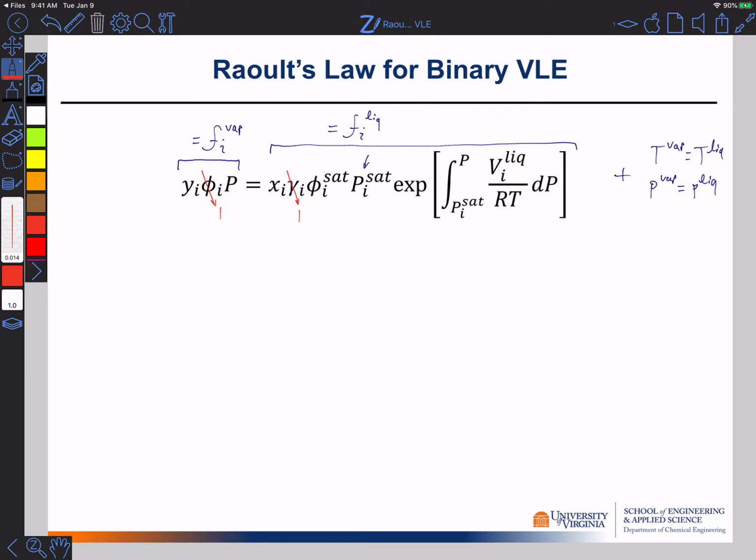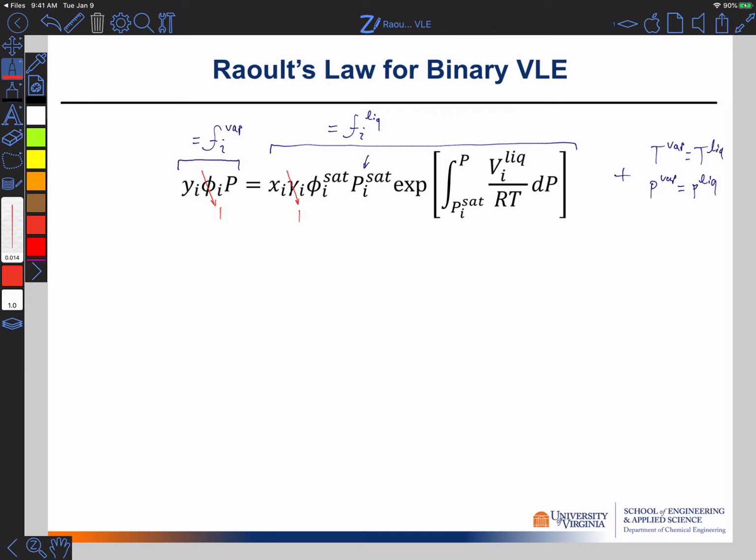This phi i sat term, we need to think about where this comes from. If you go back to the other discussion of how we got to this expression, you'll see that this phi i sat term is simply the fugacity of component i at the saturated vapor pressure in the vapor phase, ultimately divided by the saturation vapor pressure.